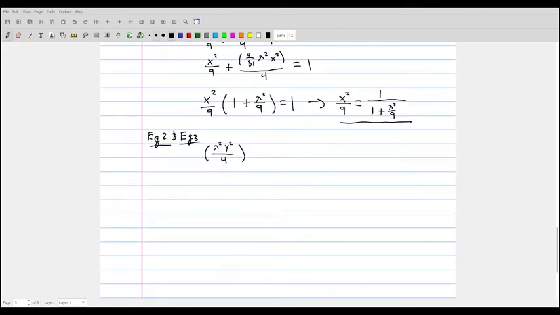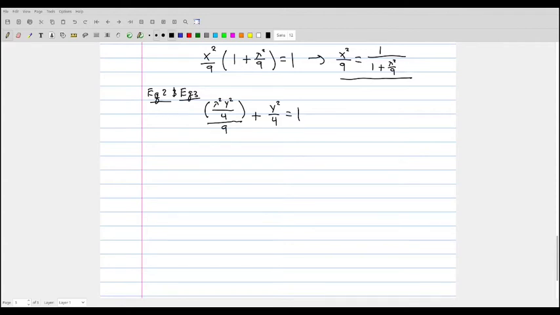So we plug it into equation 3 to get x squared over 9 plus y squared over 4 is equal to 1, which is the same, if I factor out this y squared over 4, as y squared over 4 times 1 plus lambda squared over 9 is equal to 1, or lastly, y squared over 4 is equal to 1 over 1 plus lambda squared over 9.